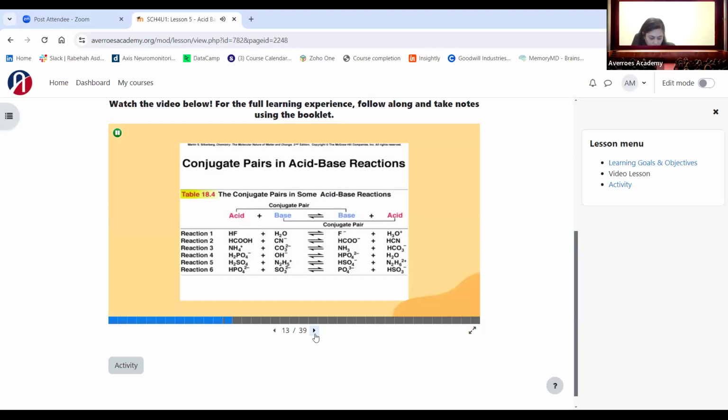It's showing you red is the acid, blue are the bases. So then one red goes with one blue, right? The acid is a conjugate pair with its conjugate base. And then the initial base on our reactant side of the reaction is a conjugate pair with the product that ends up as the acid.